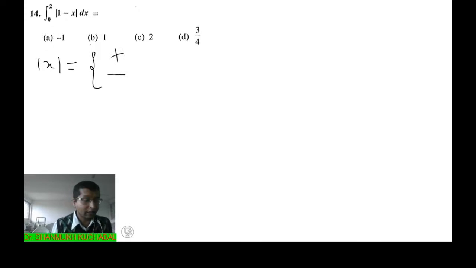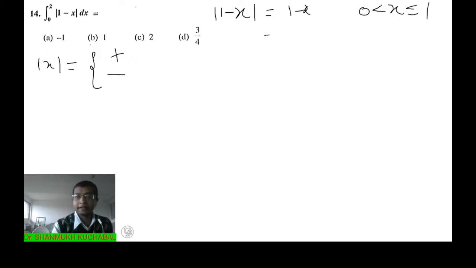So we can clearly observe that mod of 1 minus x is 1 minus x if x is greater than 0 and less than or equal to 1, and it is minus of 1 minus x if x is greater than 1 and less than 2.